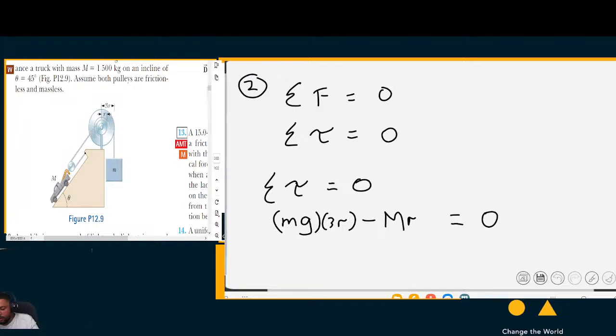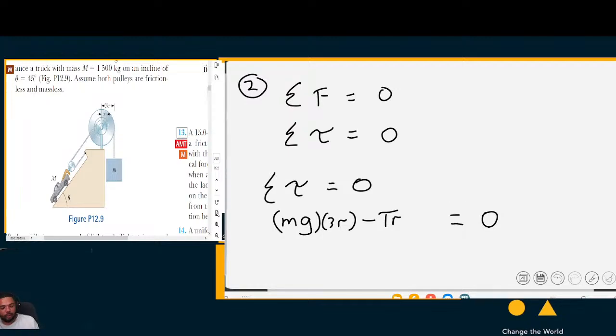Or rather, in this case, not the mass of the truck, there's a mistake here. It's not the mass exactly, but the tension in that line, the tension that the truck causes. So first we need to calculate the tension.